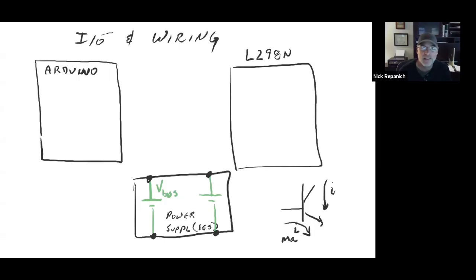In the inductor, in the H bridge, the key to this power transistor, this is amps. So this is really, really key. It allows you to turn on and off amps with milliamps.